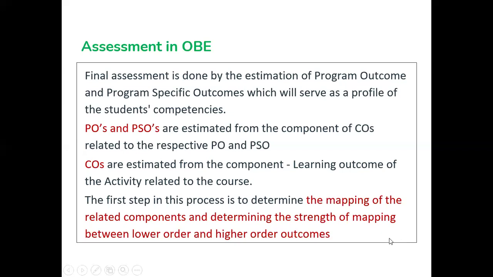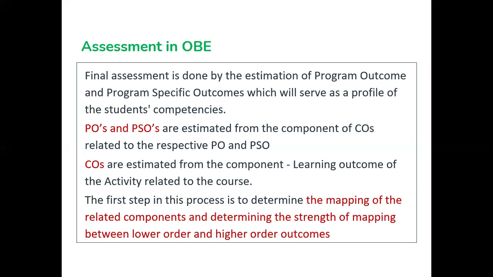Now, how to assess or calculate the attainment in OBE. The final assessment is done by the estimation of program outcomes and program specific outcomes, which will serve as a profile of the student's competencies. Once you calculate the attainment of POs and PSOs, it will be final.